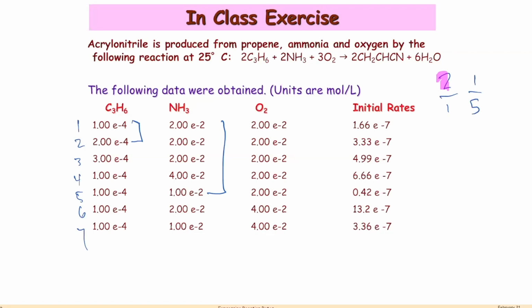And then the last experiment that I'm going to select is the experiment in which ammonia and propene are the same and the oxygen changes. So I think I will select these two right here. Okay, change that pen to green.